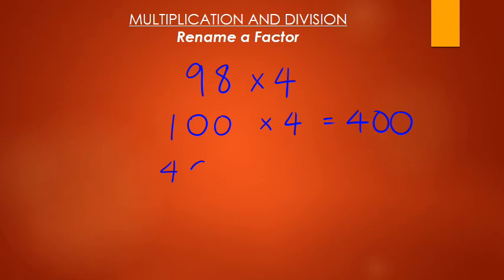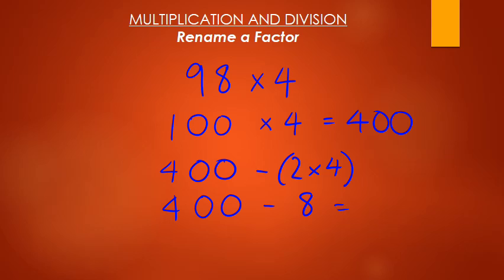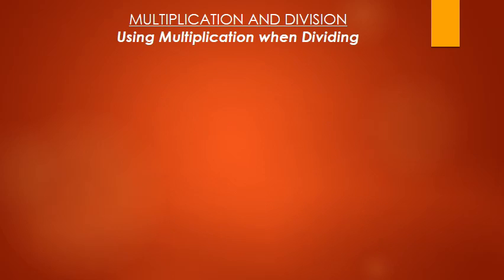So 400 take away the 2 times 4 will then become 400 take away 8, which equals 392. So our original problem of 98 times 4 equals 392. What is another example where you could use this rename a factor strategy?